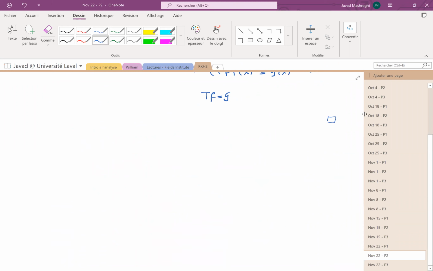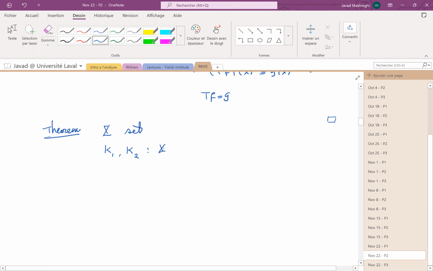Here is the theorem. X is a set, K1 and K2, both of them, are from X times X with values in C. These are kernels. And then here is the conclusion.